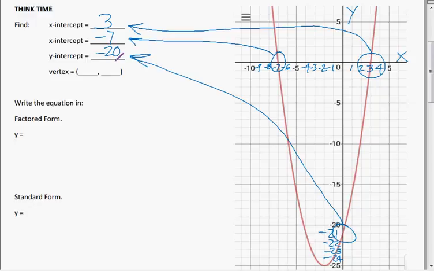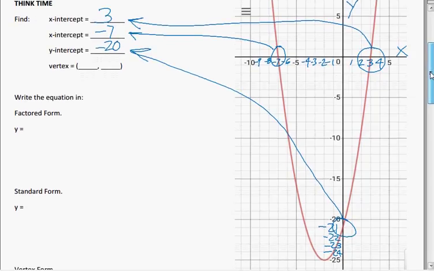My vertex is the lowest point or the highest point. In this case, it's the lowest point, the minimum value. And I need two things for the vertex. I need the x value. X value is negative 2.